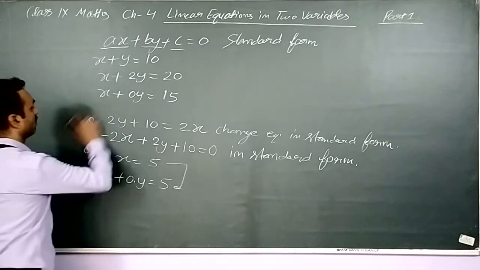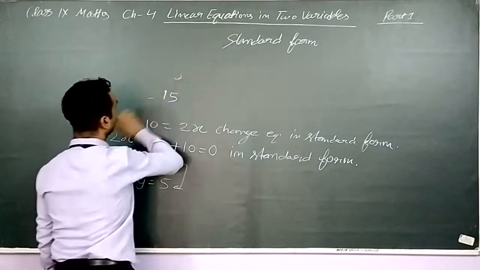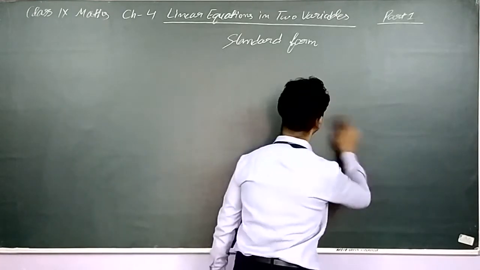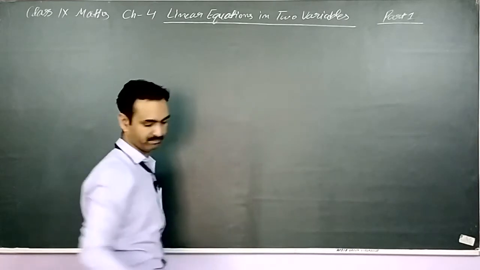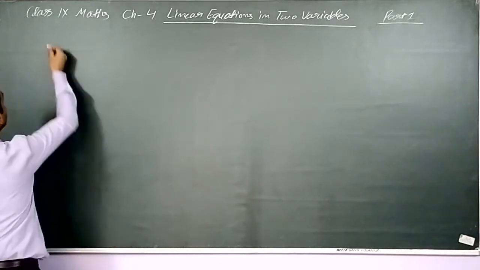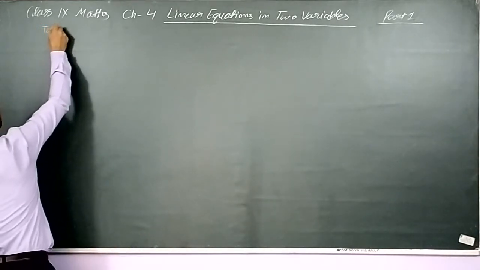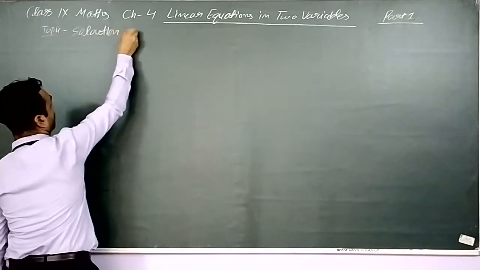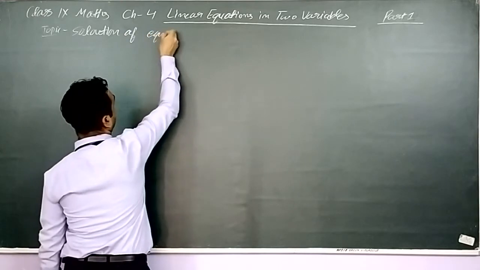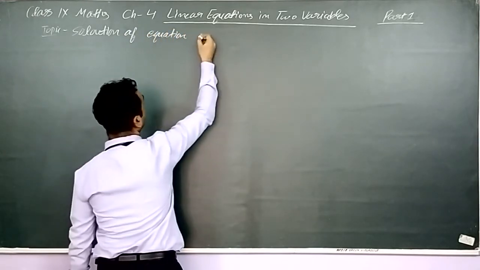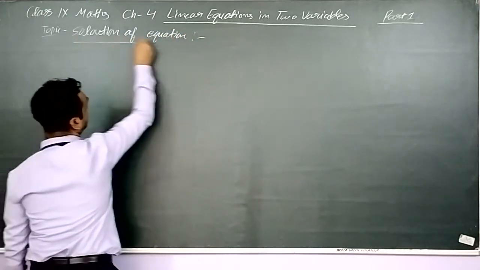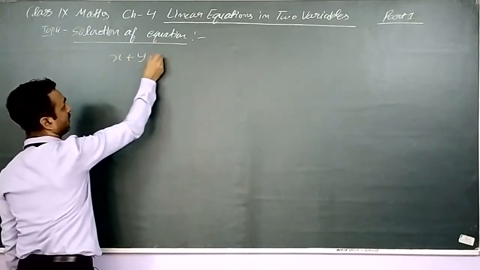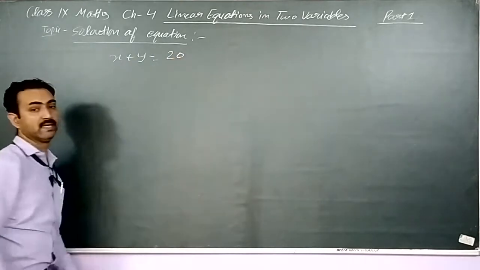Now we will understand about the solution of linear equation in two variables. So if you are writing an equation like x plus y equals to 20, there are two variables.